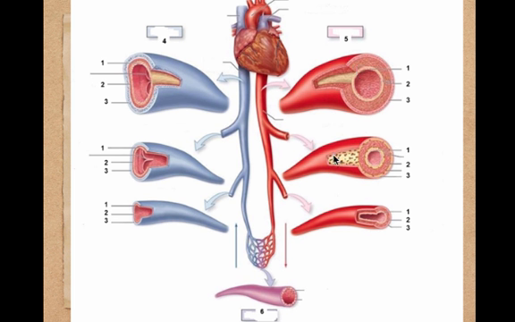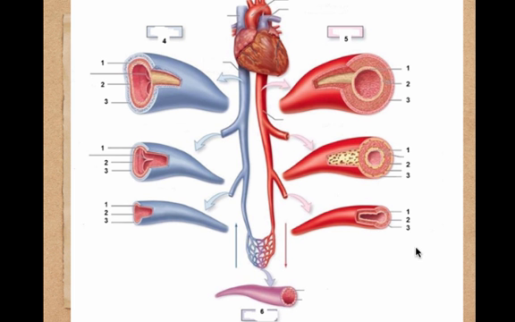These large arteries will branch into ever smaller arteries, which will then branch into the capillaries and the capillary beds. Notice here the capillary wall, again, is only the inner lining, only the tunica interna. From the capillaries, blood is moved into small venules, small veins, large veins, and then back to the heart.